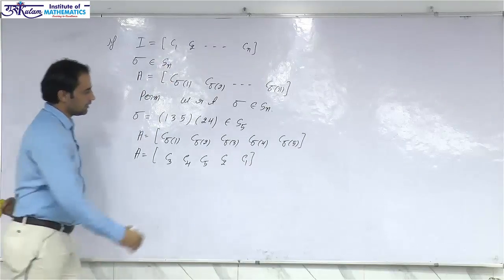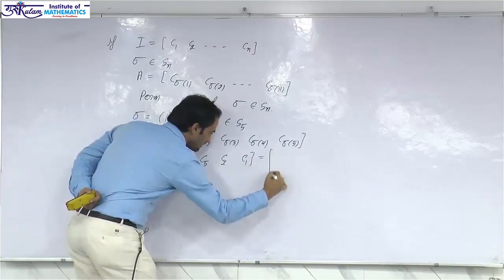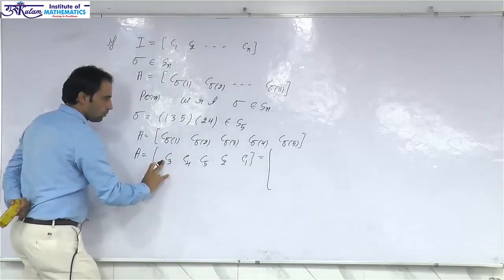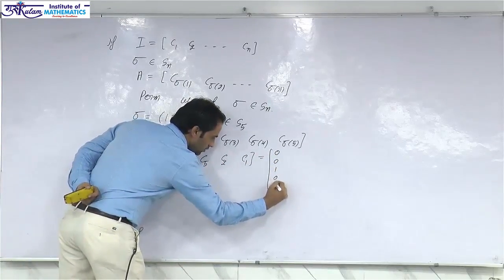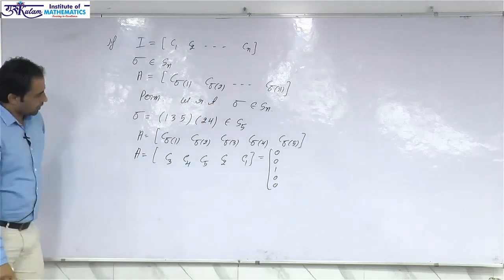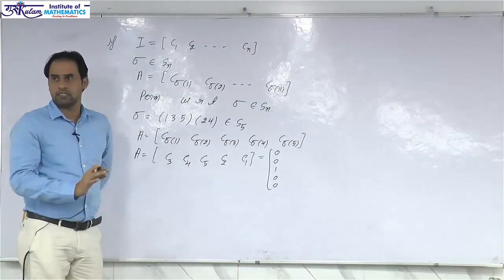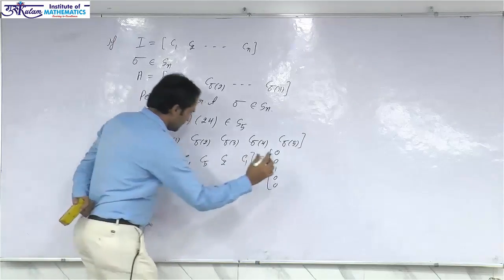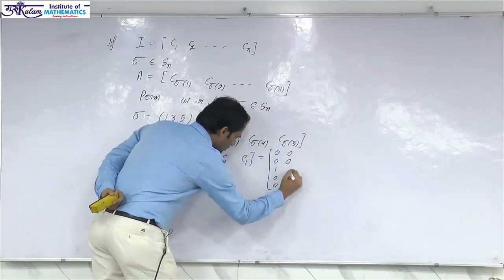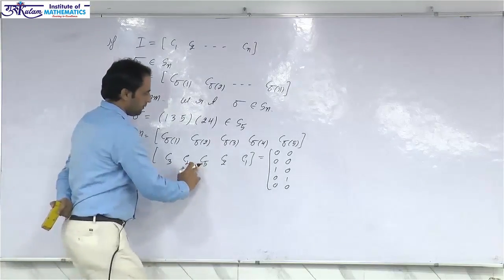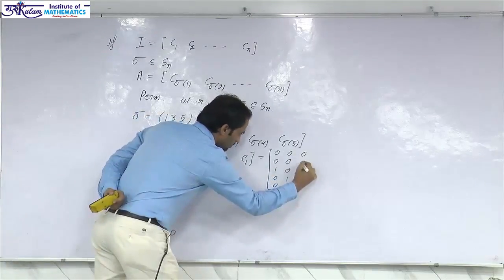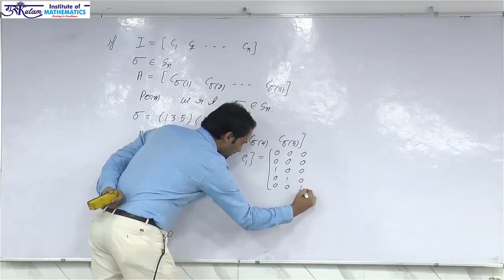identity matrix. That is, this matrix is simply the third column of the identity matrix which is 0, 0, 1, 0, 0. Again, the fourth column of the identity matrix which is 0, 0, 0, 1, 0. Then the fifth column of the identity matrix is 0, 0, 0, 0, 1.